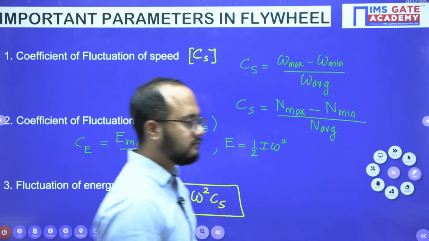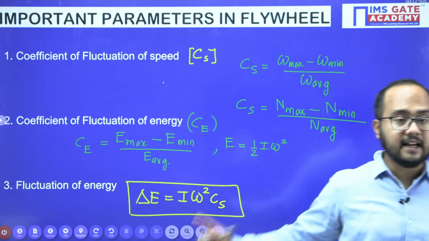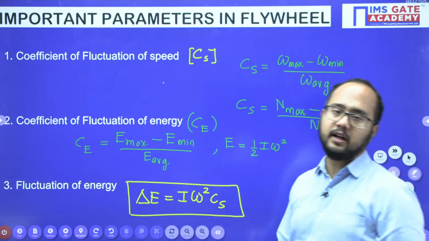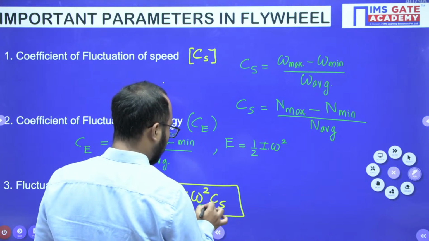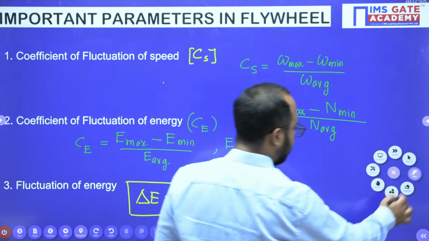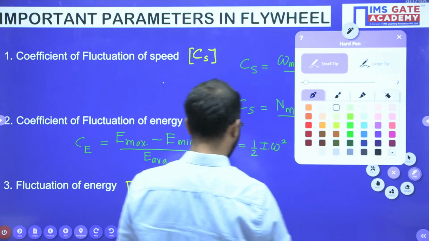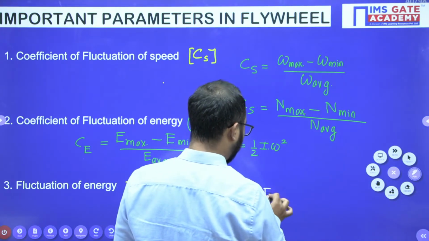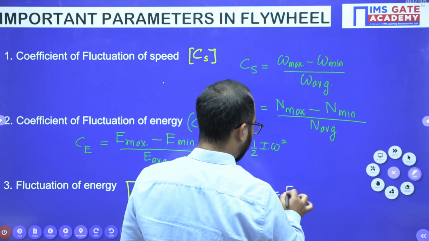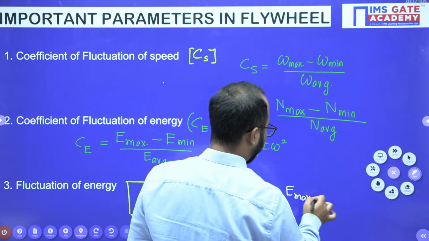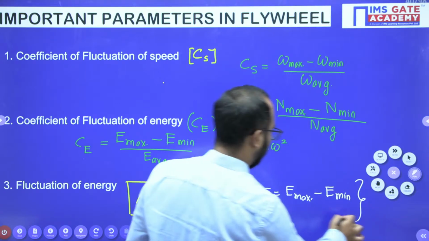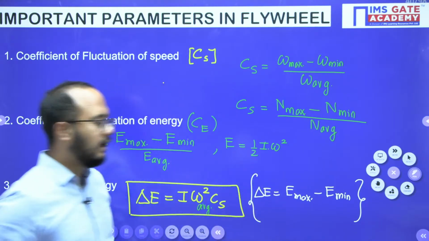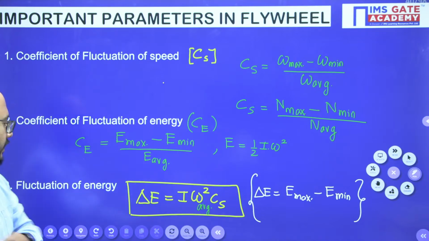Okay, everyone? Now, here in this case, ω is the average ω, right? Remember this point. And you can also calculate delta E as E max minus E minimum. Clear? Yes or no? Okay.